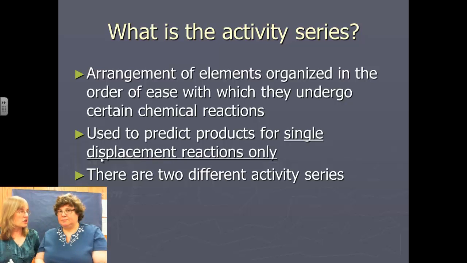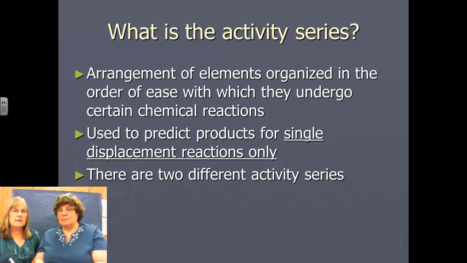Some things are much easier. For instance, fluorine really, really wants to react. Bromine isn't quite as reactive. We use their positions in that series to determine whether or not the reaction will actually occur.